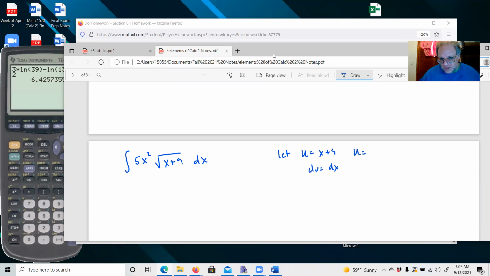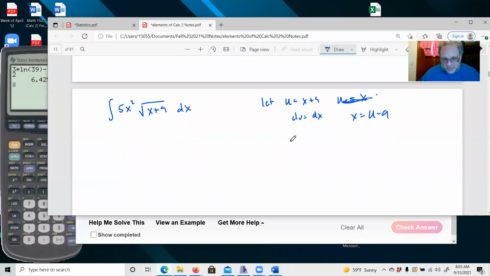So u is equal to x plus 9, so x is equal to u minus 9. I'd be tempted to do something like this here. It's kind of like a u substitution from the later parts of the subchannel.